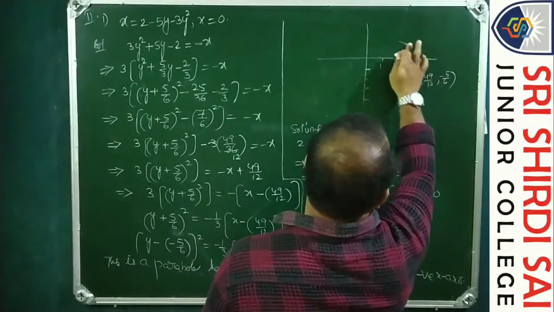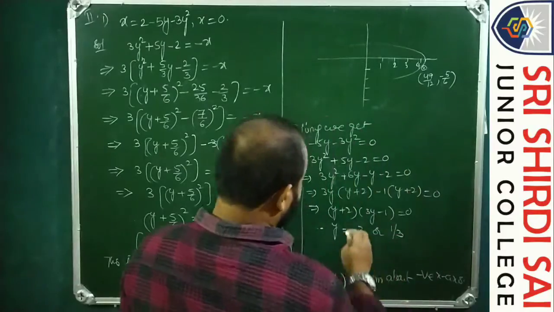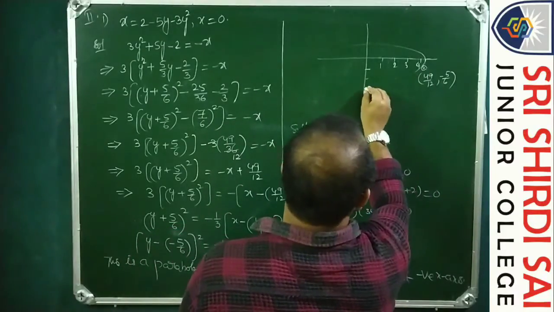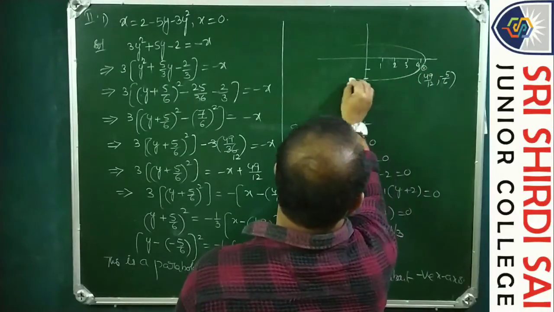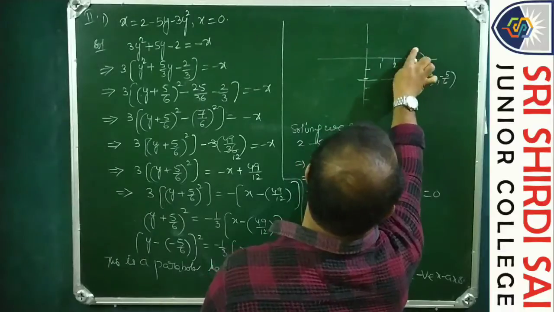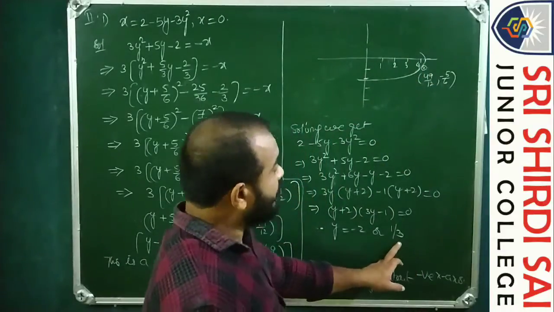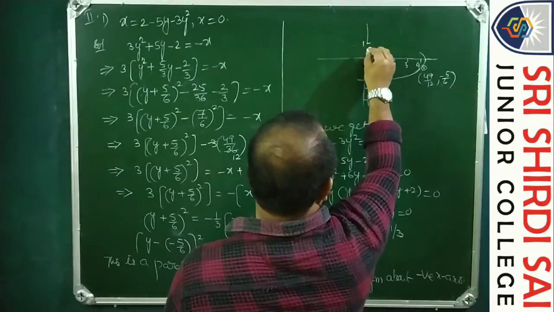So 1/3 is somewhere here and -2 is here. So this is the area of the region. 1/3 is 0.33, so for example, this is 1 and this is 0.33.